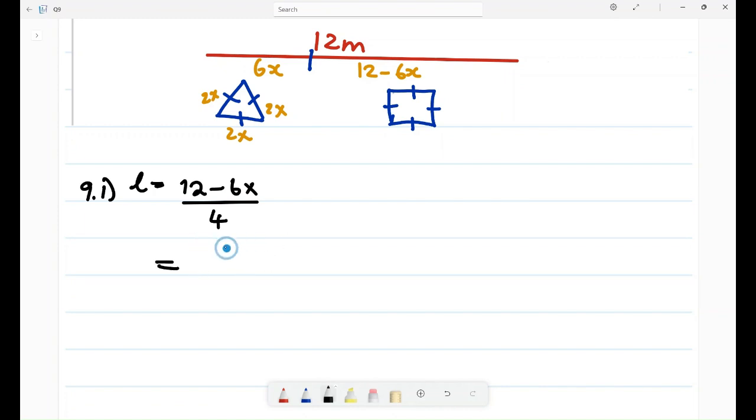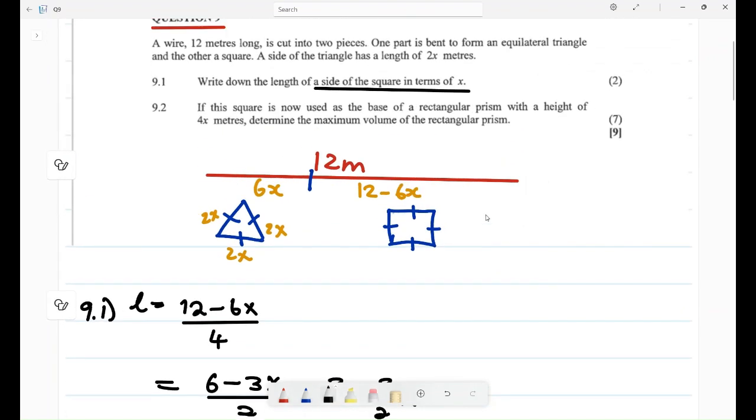Or you can say 2 enters 6 three times, so 3 divided by 2. It is the same as 3 minus 3 over 2x, whichever you use. Then let's look at question 9.2.